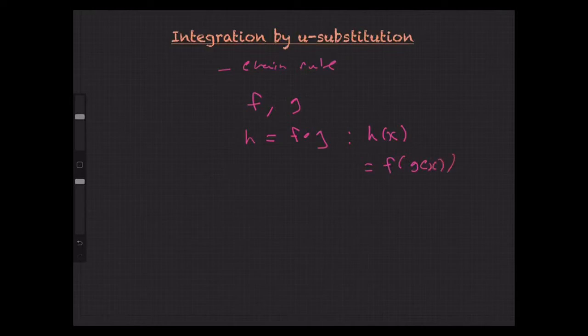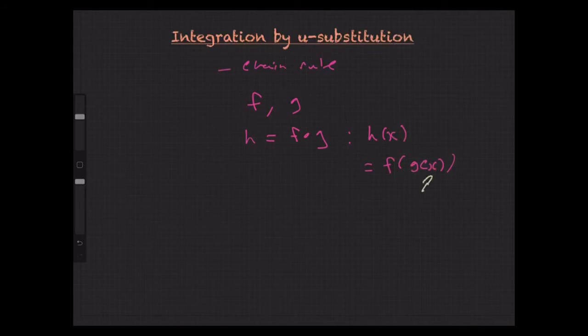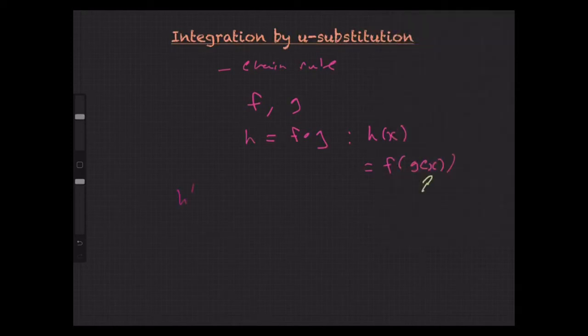So h is the function that takes in an x and plugs that x into g, and then plugs whatever comes out of g into f, and what comes out of f is the output of h. And what does the chain rule tell us? It tells us that if we want to take the derivative of h, so h prime of x, this is going to be equal to f prime of g of x times g prime of x. So f prime evaluated at g of x, and then I have to multiply by this g prime of x.